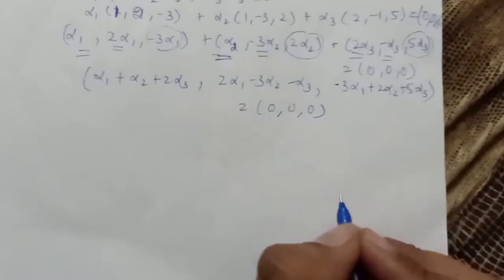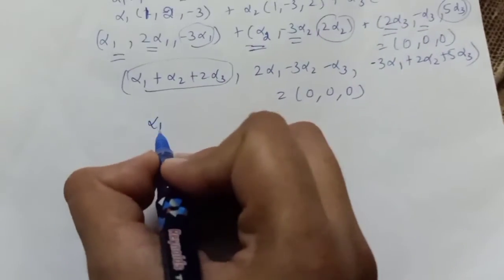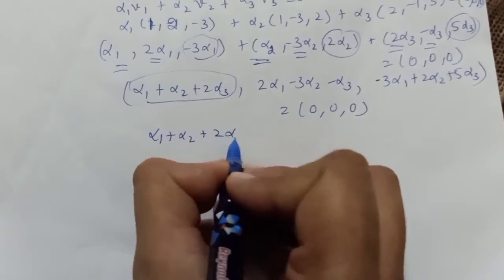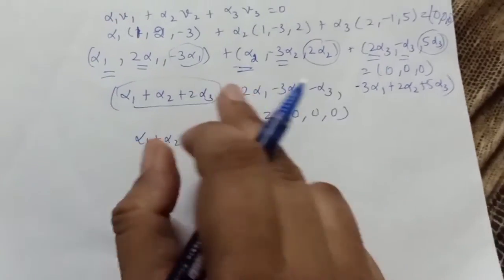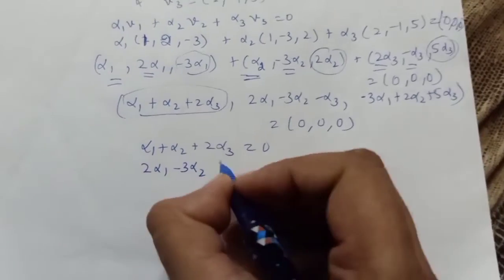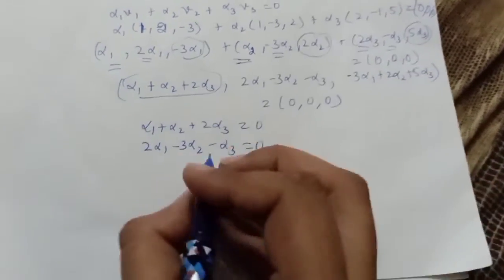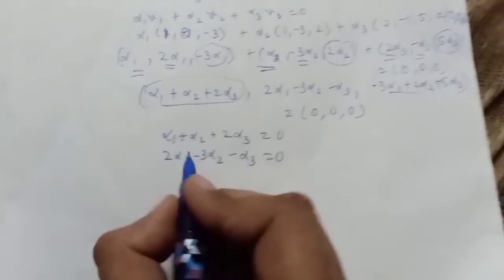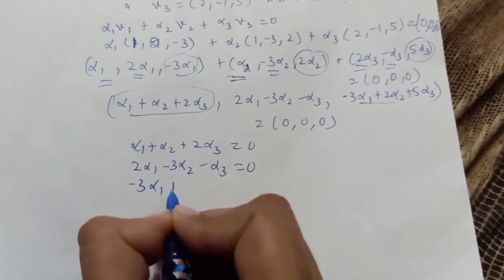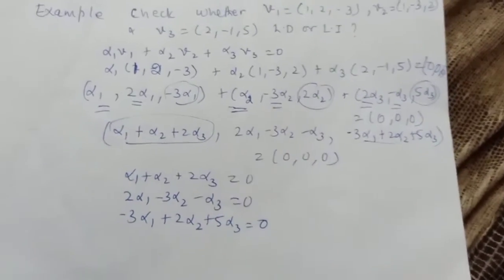Now equating the terms on both sides, the first coordinate is alpha 1 plus alpha 2 plus 2 alpha 3 equal to 0. Next is 2 alpha 1 minus 3 alpha 2 minus alpha 3 equal to 0. And the third coordinate is minus 3 alpha 1 plus 2 alpha 2 plus 5 alpha 3 equal to 0.